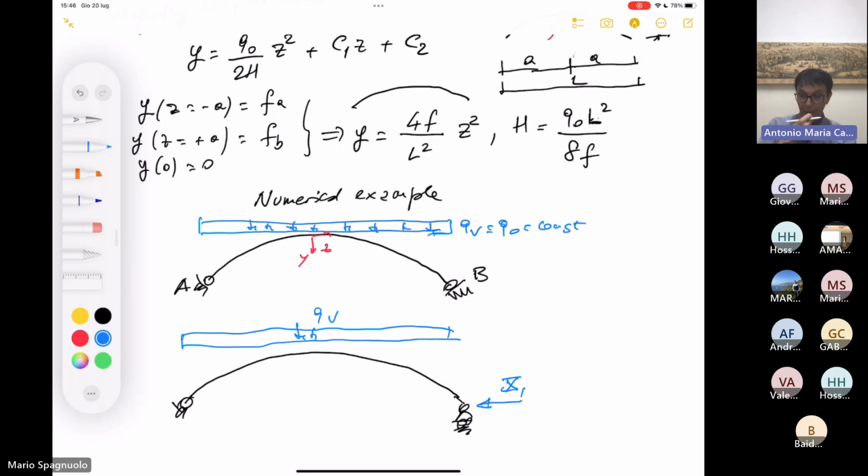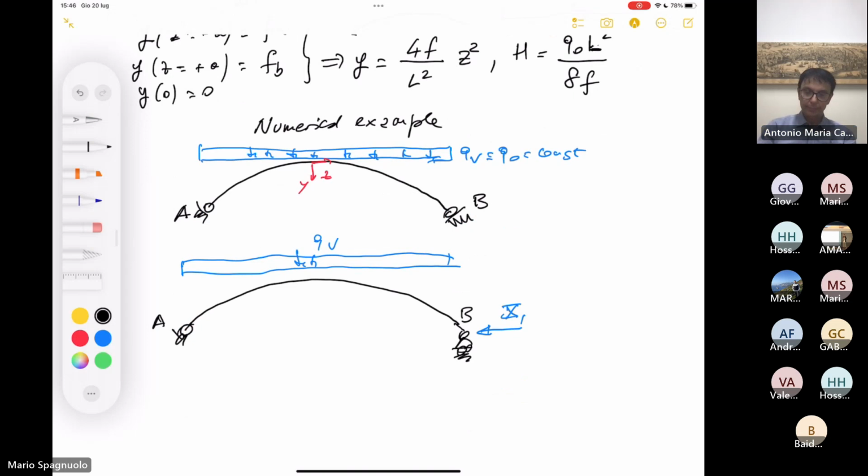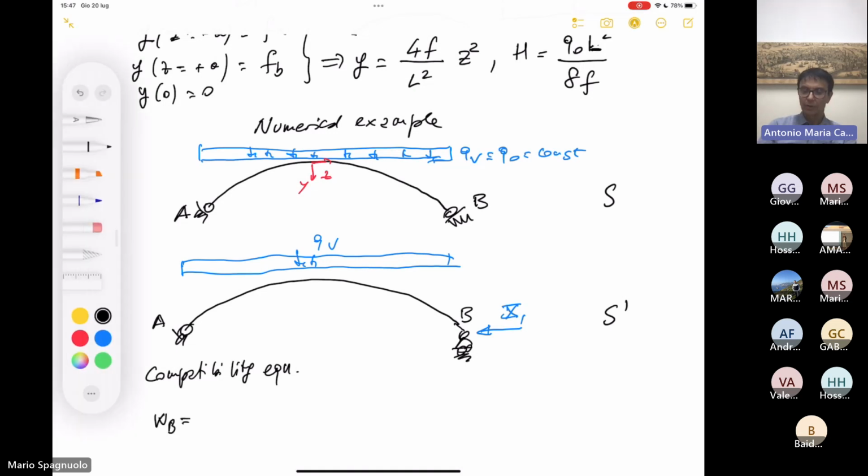Okay, and we will determine the value of this quantity x1 through a compatibility equation which requires that this system is equivalent to the former one. This is S prime, this is S. We want S prime to be equivalent to S, so the compatibility equation is WB equal to 0, obviously.